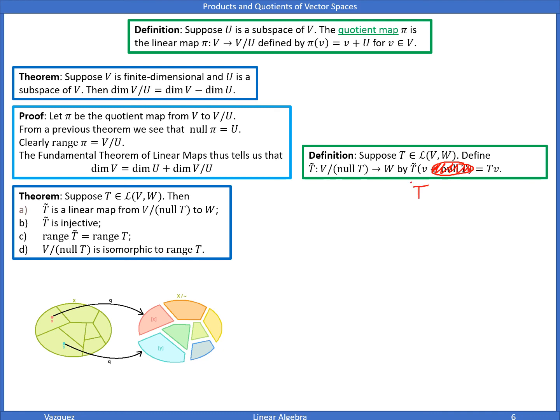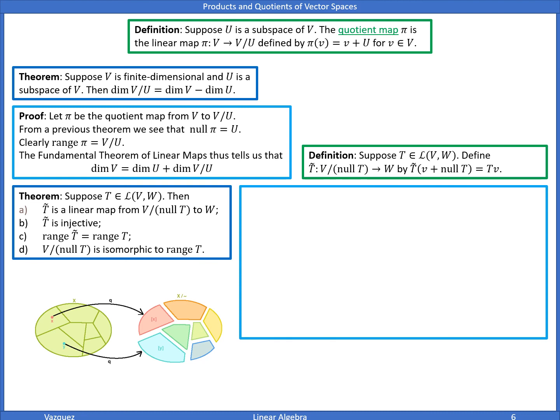We have that TV is equal to TV, but we're adding the null space, which, if you're comfortable with the null space, you understand it. It really doesn't make things complicated. In fact, these properties of the theorem are quite easy to prove because this definition isn't as complicated as it might seem.